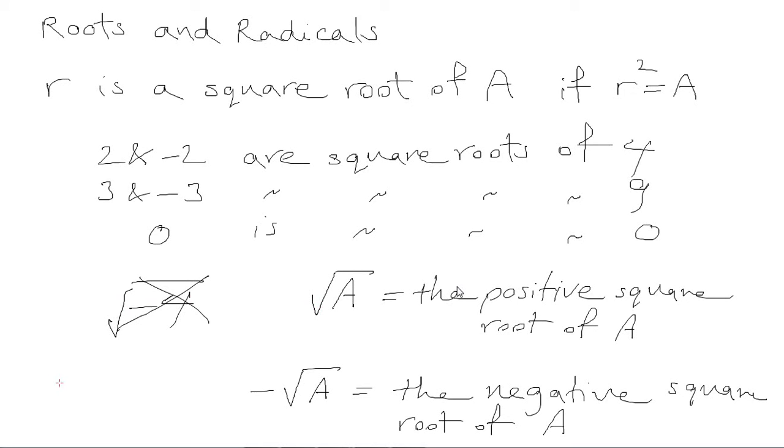But 4 is a positive number, radical 4 is 2, that's the positive square root of 4, and negative radical 4 is negative 2, which is the negative square root of 4.